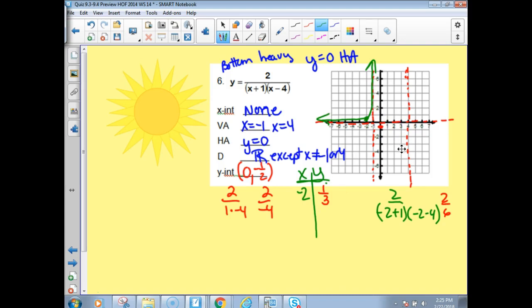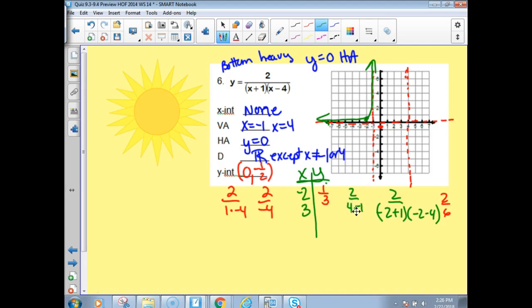Okay, now I'm looking in the middle section. I already have 1 point, which was my y-intercept. I think I'm going to go ahead and put in 3 so I can see what's going on closer to the other asymptote. So I'll plug in +3, which will give me 2 on top, of course. And then 3 plus 1 would be 4. 3 minus 4 would be -1.